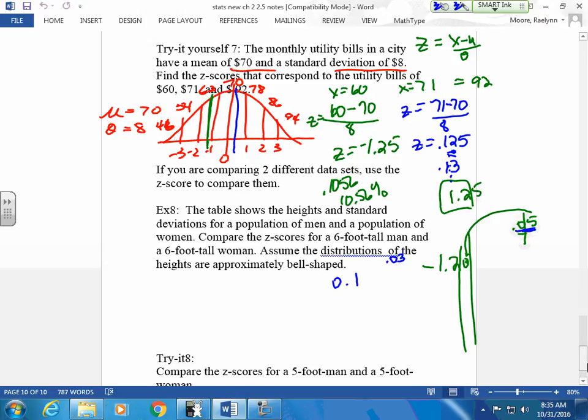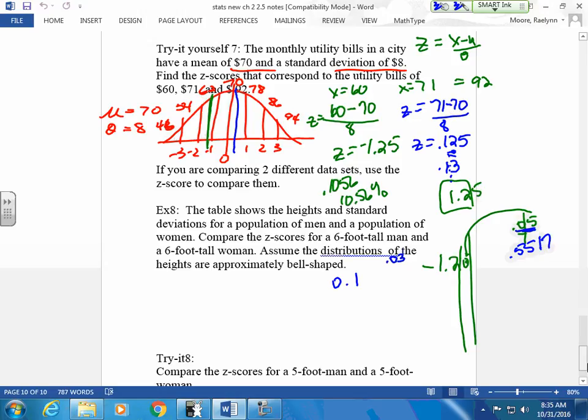So look that up on your chart. What do you get? 0.5517.